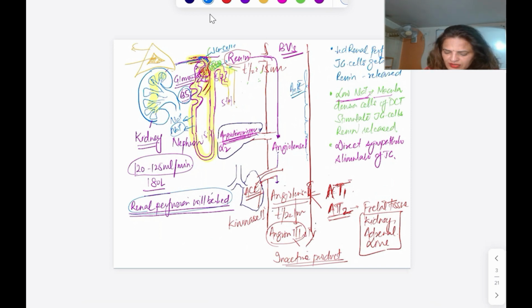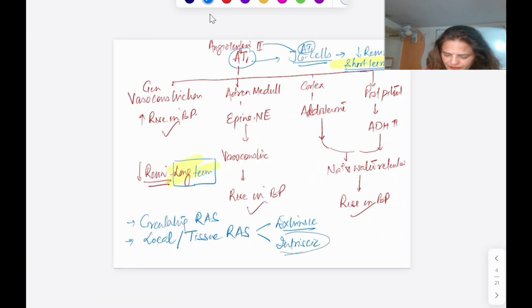Then in the intrinsic, a few important tissues are the heart, blood vessels, kidney, adrenal, brain, liver. They also have this local RAS.